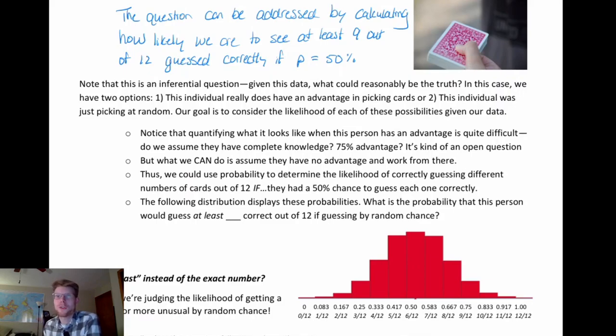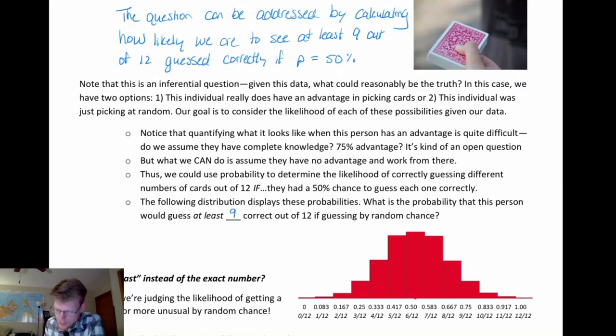But the binomial distribution is basically a probabilistic method for understanding how likely we are to see a certain number of successes out of a total, given that there is a probability of success for each trial. So in this case, we're looking for how often we see 9, 10, 11, or 12 successes out of 12, given a probability of success of 0.5.